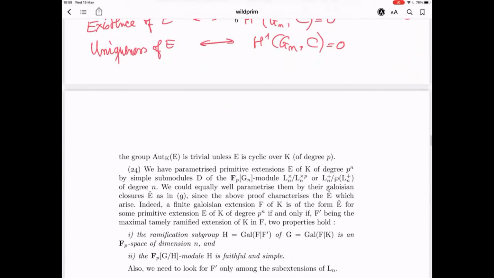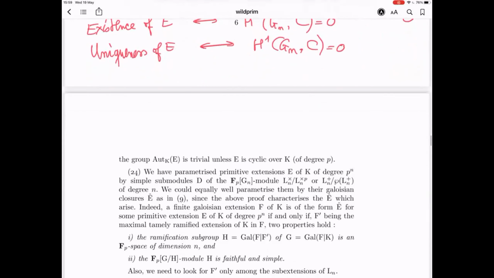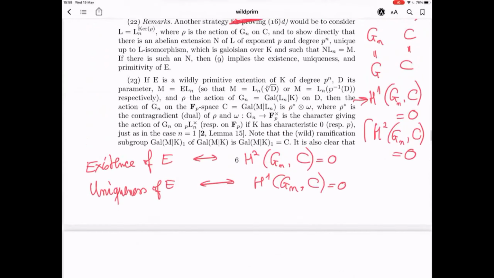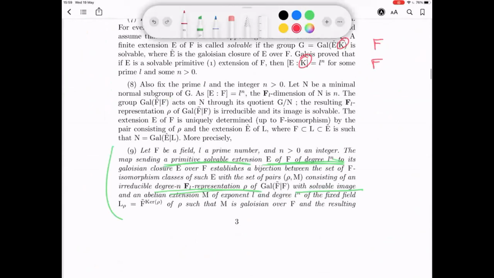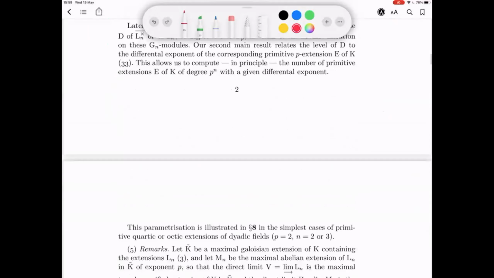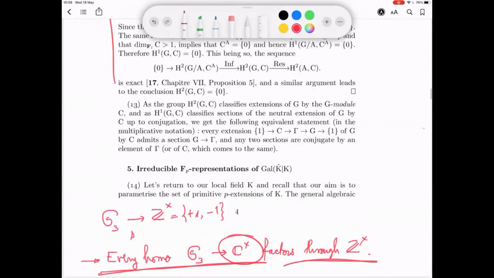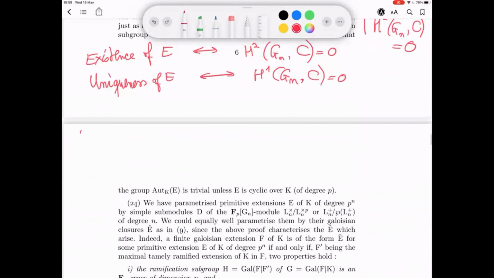Now, if you haven't followed this lemma very carefully, where is this purely algebraic lemma? I think it was after this. If you haven't followed it very carefully, let's look at the simplest case, which is when n is equal to 1.